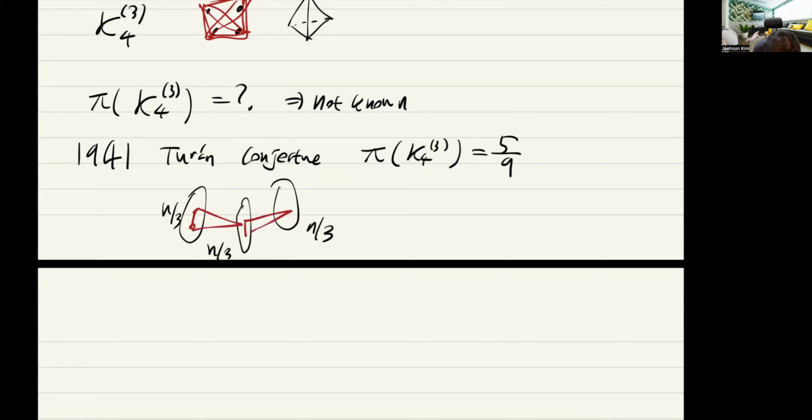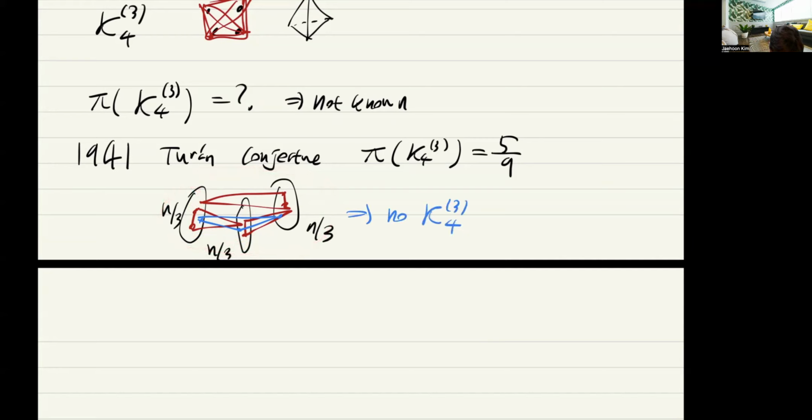And you consider all the edges of this type and edges of this type. So all the edges which use 1 vertex from each part, and all the edges which use 2 vertices from one part and then 1 vertex from the next part. So, for example, this is not an edge. So there is this cyclic order.